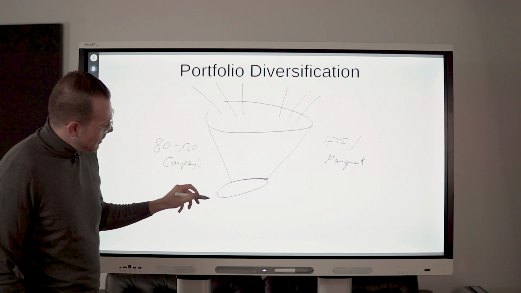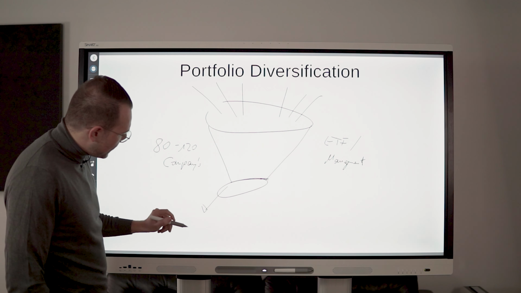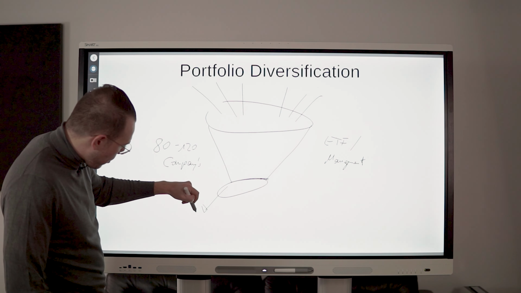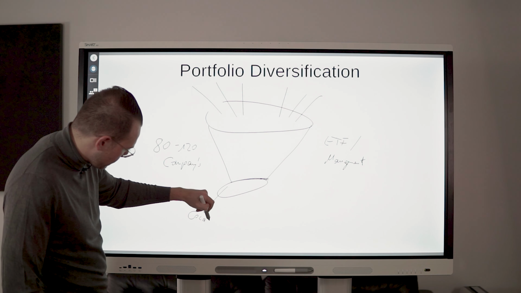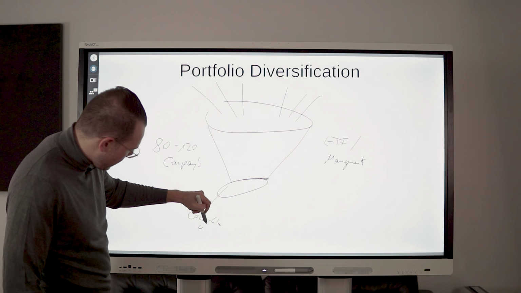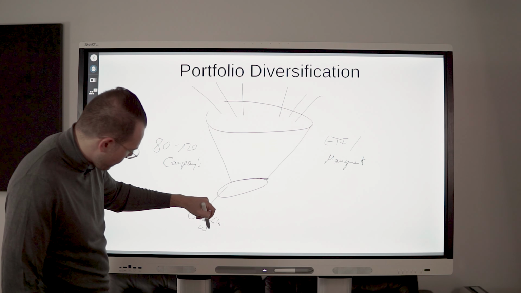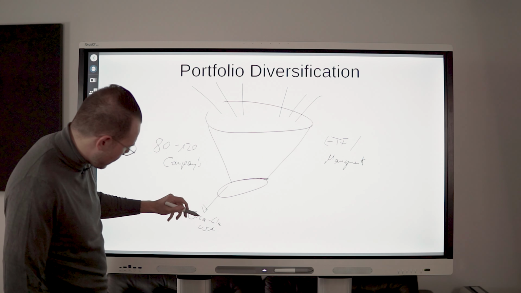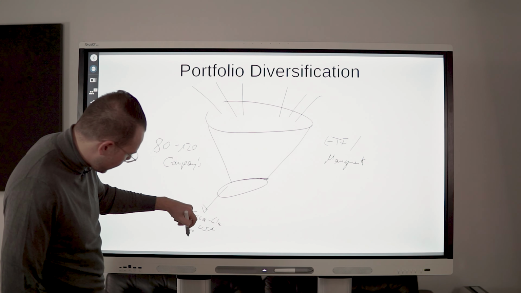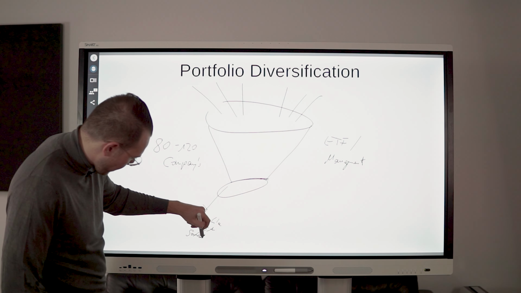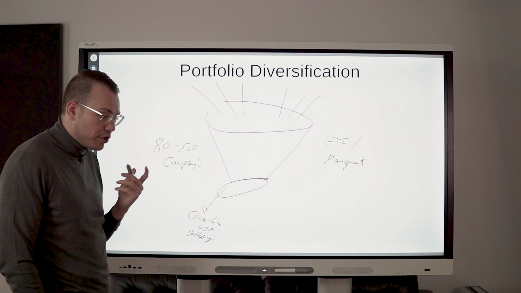So now this mutual fund invests on average in, let's say, 80 to 120 different companies. So let's say this mutual fund is investing in Coca-Cola, which is in the USA, and let's say consumer goods, soft drinks as an industry.